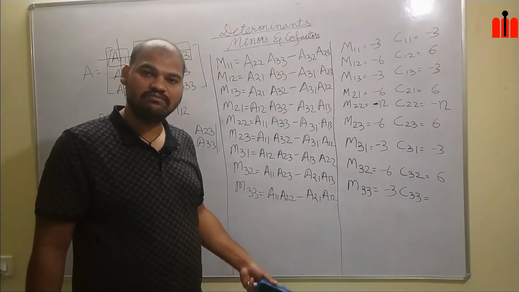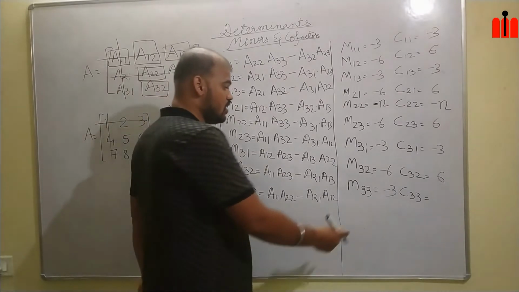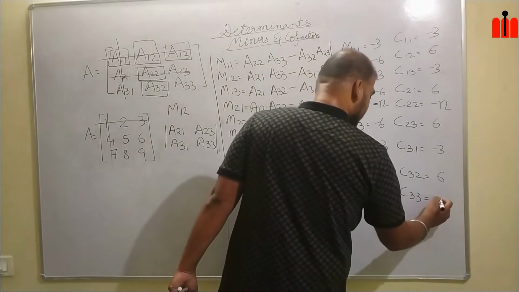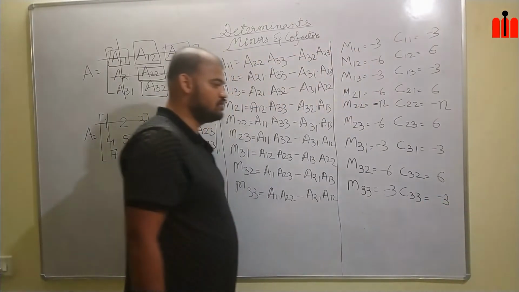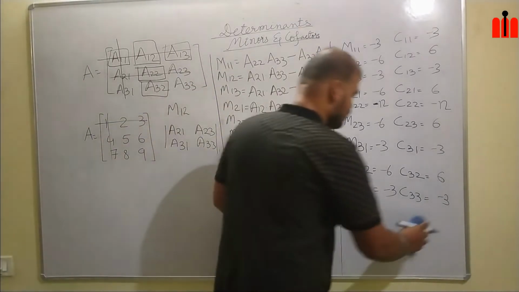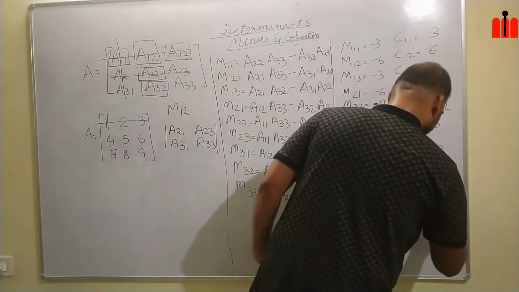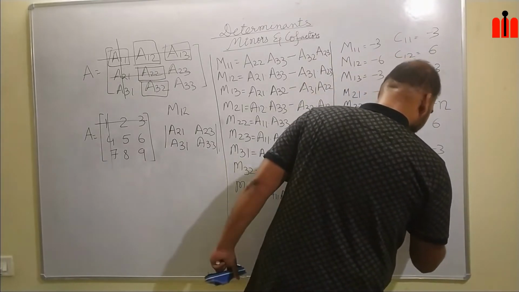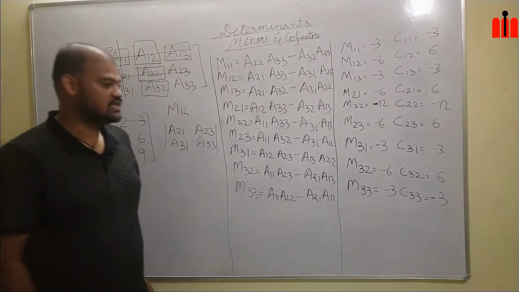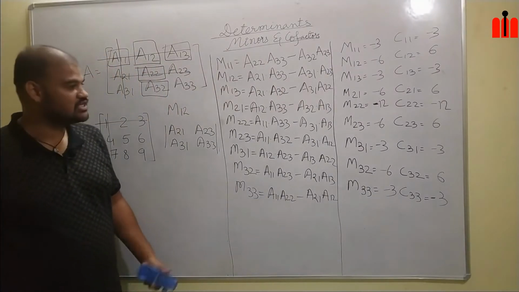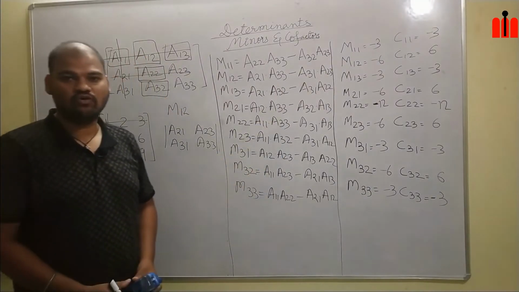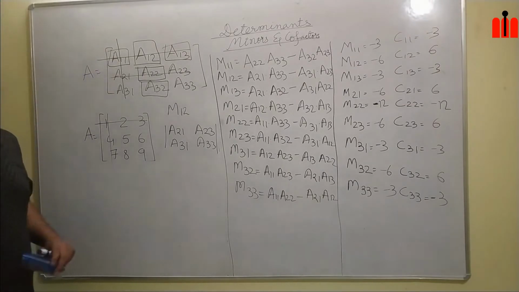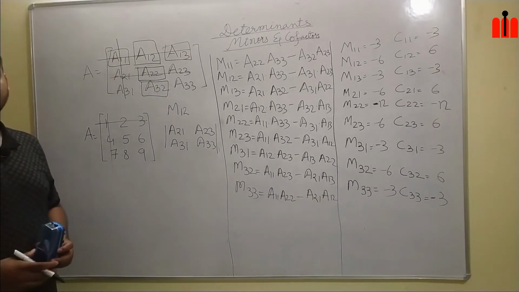M33. 3 3 means even. Now minus 3, it will be minus 3. Our cofactor will be equal to our minor. Right? Minus 3. Right? So these will be my minors and cofactors for this 3 by 3 matrix.